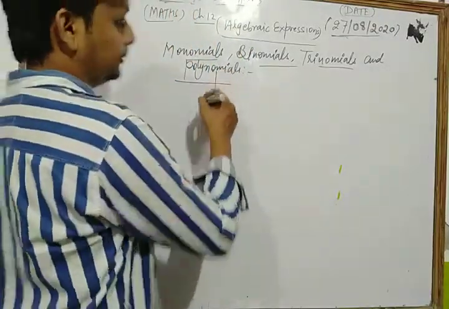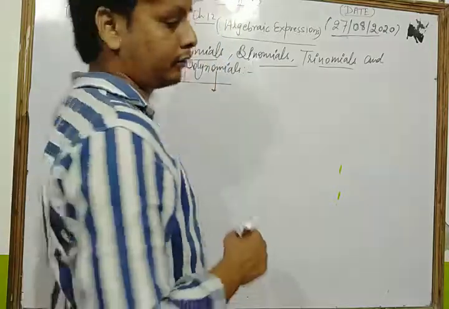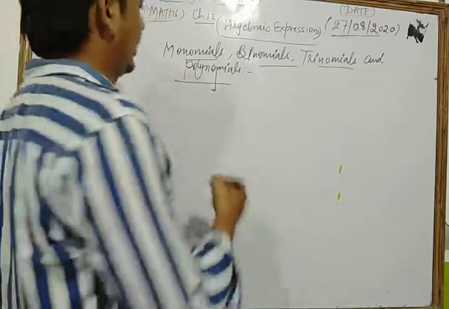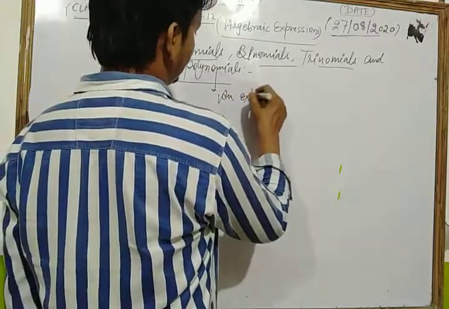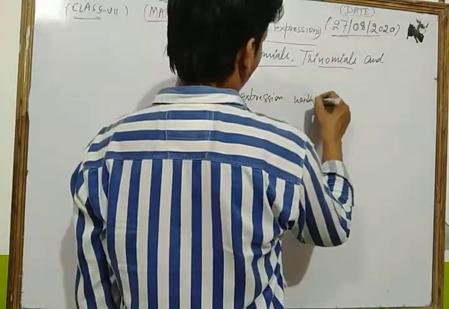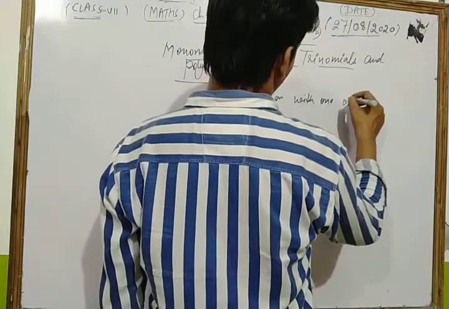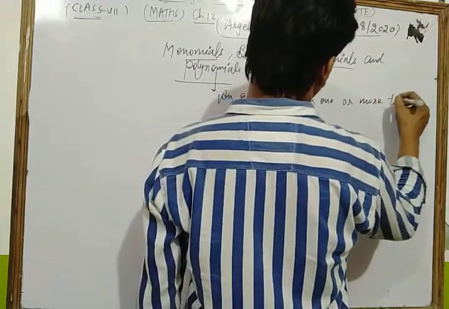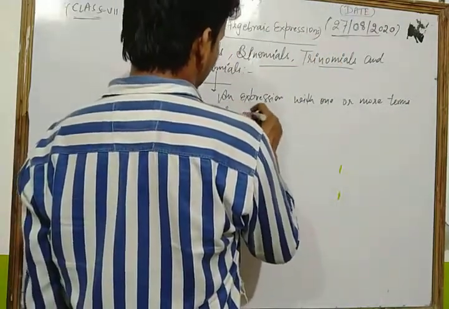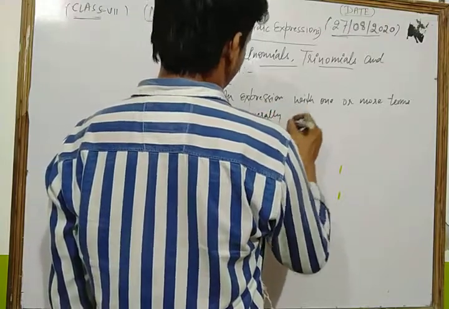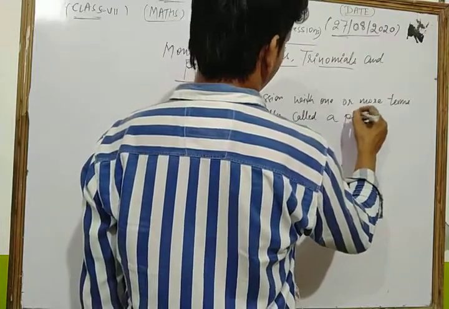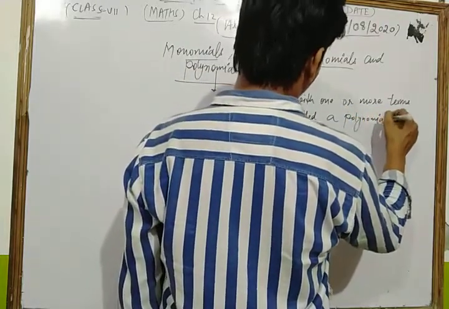So what is a polynomial? An expression with one or more terms is generally called a polynomial.